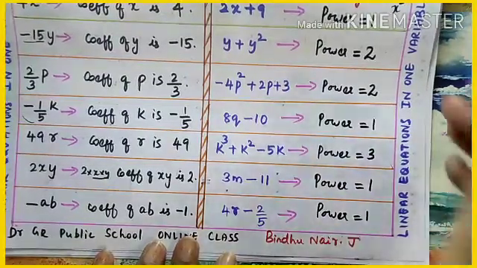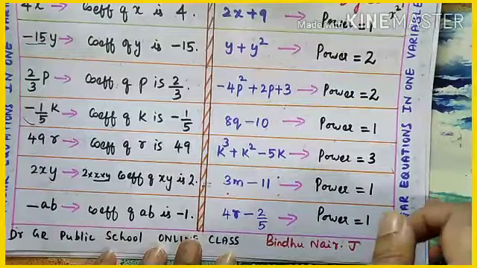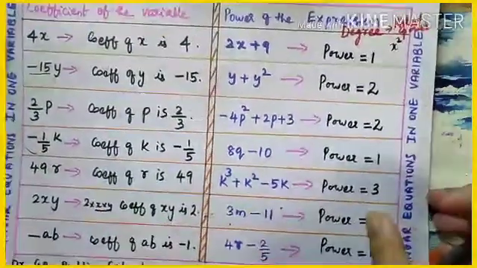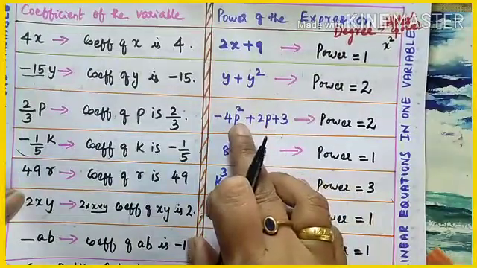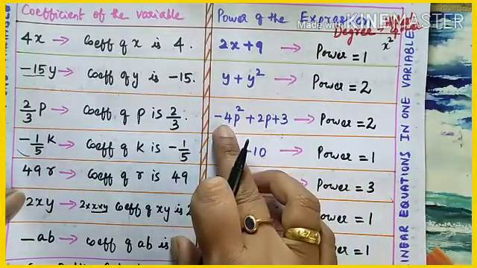Okay, so these are some examples of how we determine the power of a given expression. See the variable and the variable preceded by a coefficient.